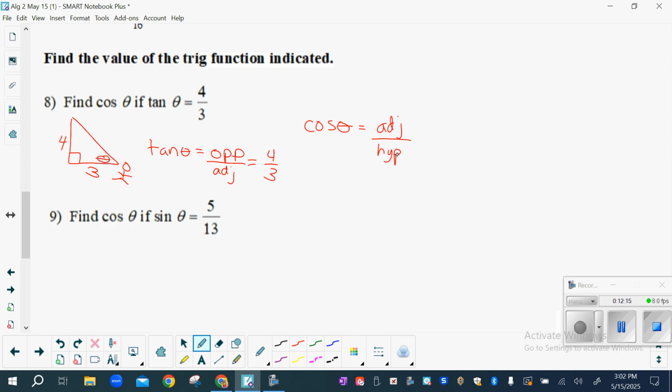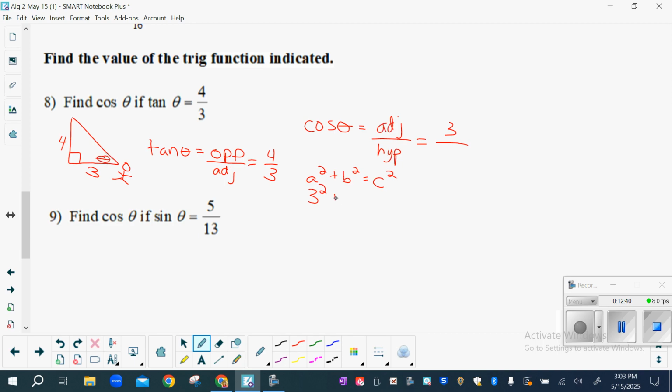Somebody else besides Zuzi, what is the adjacent leg? Looking at this person, which would be the adjacent leg? 3, that's right. Do we know the hypotenuse? No, so how do we find it? Pythagorean theorem. So we take a squared plus b squared equals c squared.